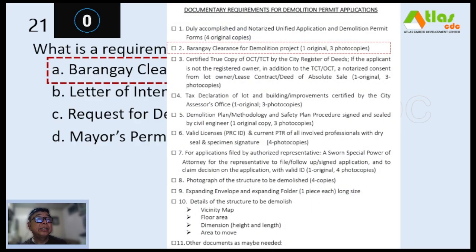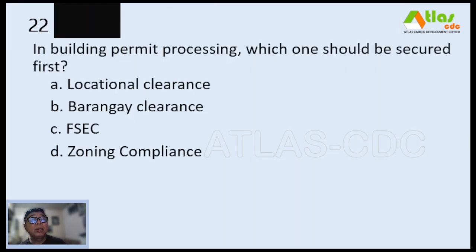So these are the requirements for demolition permit. Aside from the application form, you need the barangay clearance for demolition project, 1 original and 3 photocopies. Number 22, in building permit processing, which one should be secured first?